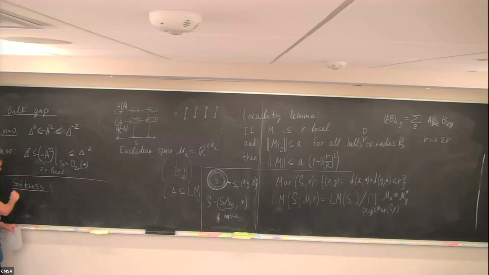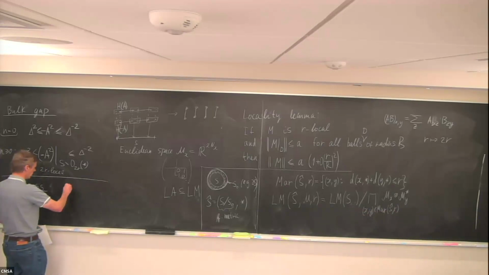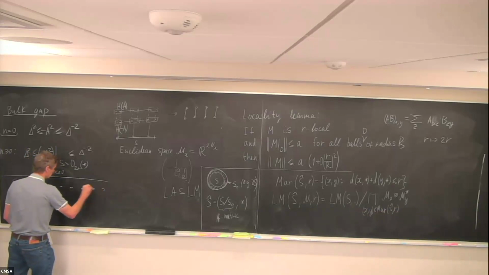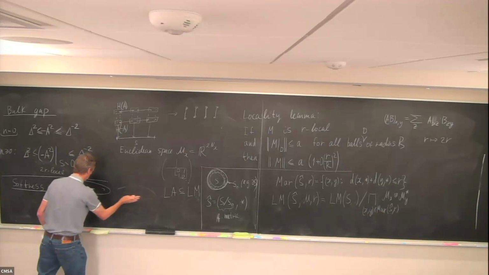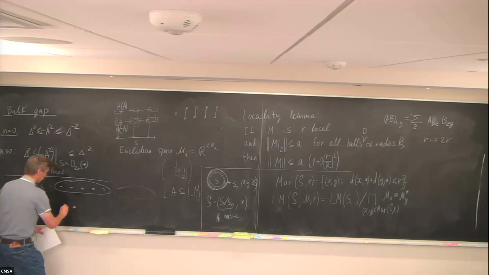Let me show you one, and I'll show you the other two on the next lecture. So the first operation that corresponds to softness is mapping one system to another system.